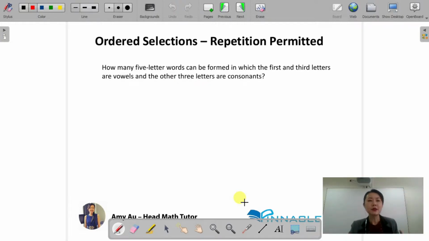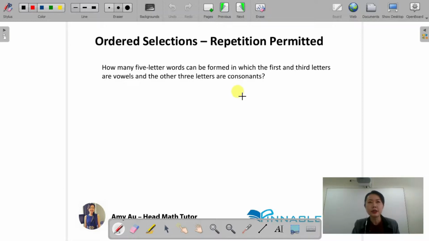The best way for me to explain how the counting principle works is to see various examples with different restrictions and considerations. In this first instance, we'll talk about ordered selections where repetition is permitted. We've got: how many 5-letter words can be formed in which the first and the third letters are vowels and the other 3 letters are consonants?